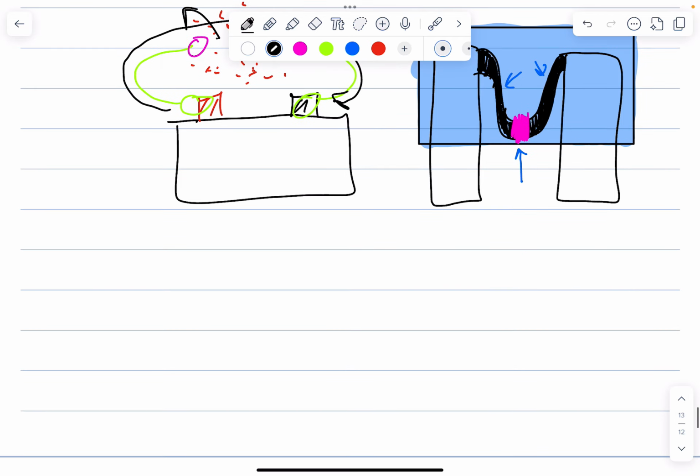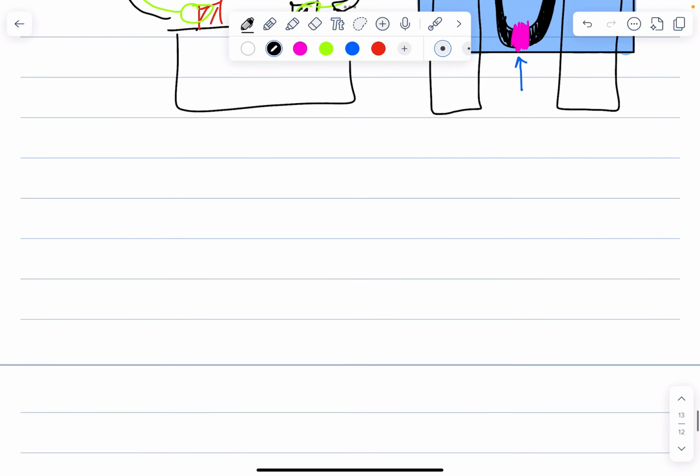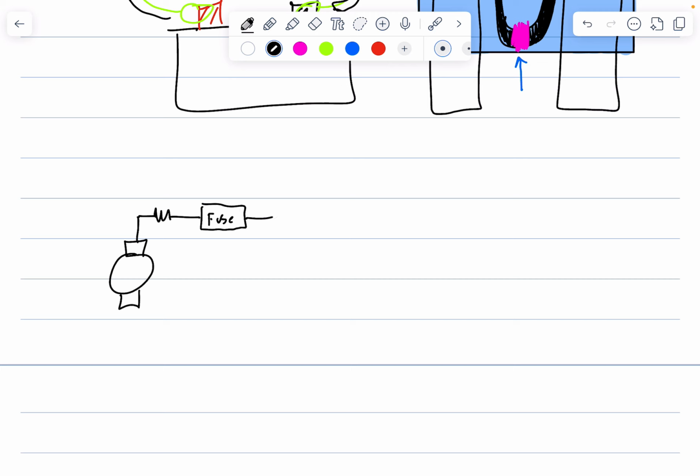So say you have your motor. Say you have your generator. Let's use a generator. I'm going to draw a generator like this. Then I don't know what the symbol is for a fuse, but I'm going to draw it as a box, fuse, and then here's your load, plus, minus.